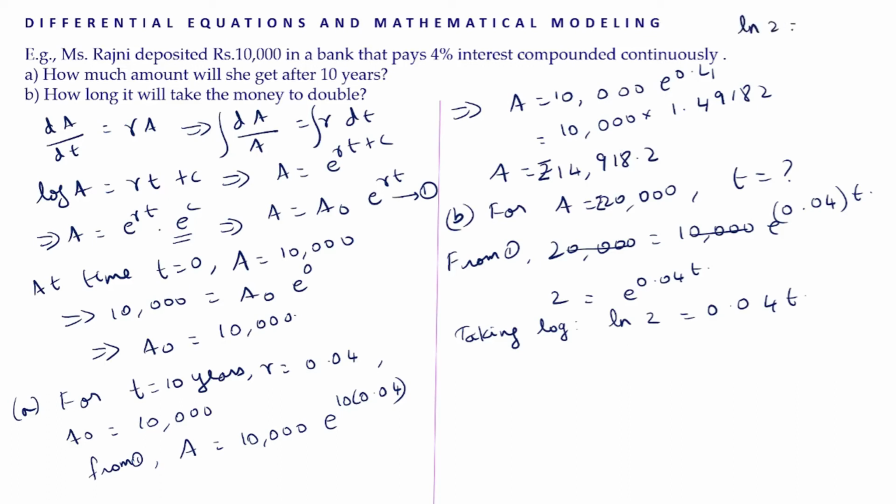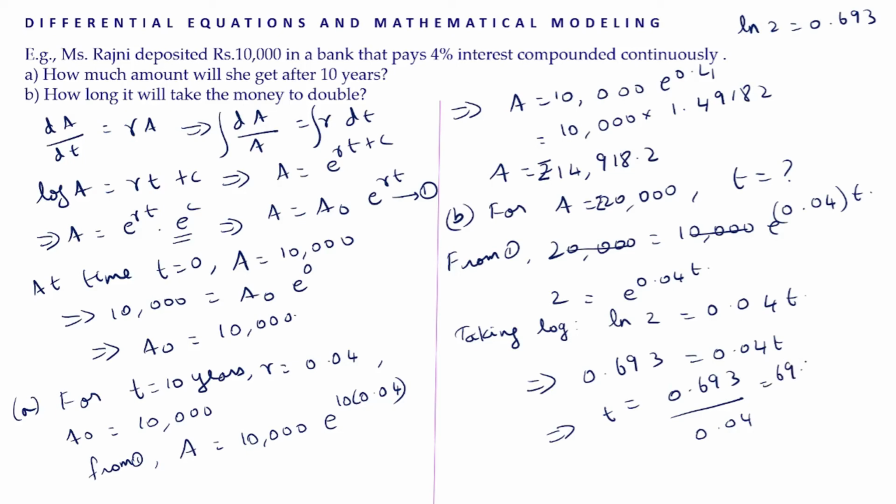The value of ln 2 is 0.693. So 0.693 equal to 0.04 into t, or t is equal to 0.693 upon 0.04. So it is 69.3 upon 4.